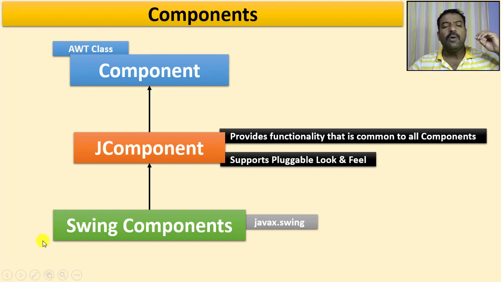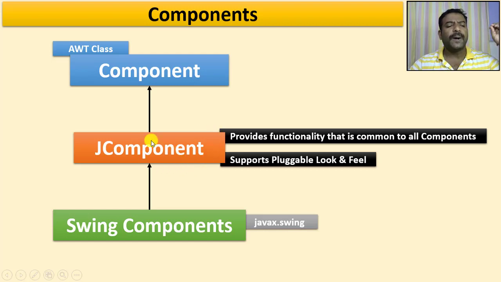And further, whatever the Swing components I am going to use now, starting from the label, the text field, the button, radio button, menu, drop down menu, whatever the components you talk about, all those are directly inherited from the class JComponent.